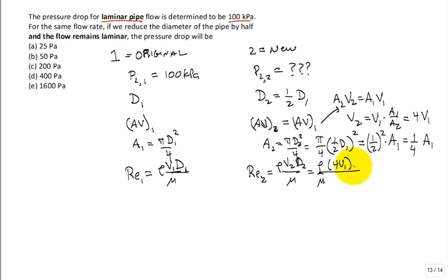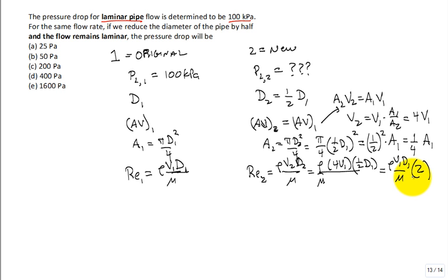And then for D2, what do we put in? 1/2 D1. So that we have the rho V1 D1 divided by mu, but we have it multiplied by 4 over 2, which is 2. So for the new case, the Reynolds number doesn't go up by 4, it just doubles. It's the factor. Okay, see how that Reynolds number changes?